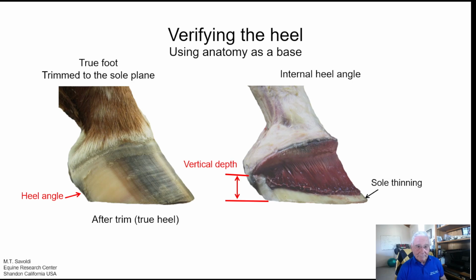So with our P3 in a positive palmar angle, we're getting poor nutrition in the toe area and it's thinning. And in the heel area, it's remodeling because the bone's pushing into the heel area. So we see the sensitive lamina to the distal border is keratinizing. The white line is increasing, but the sensitive lamina is decreasing. This will affect bone and cartilage.